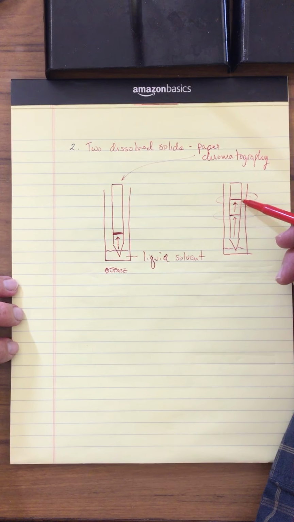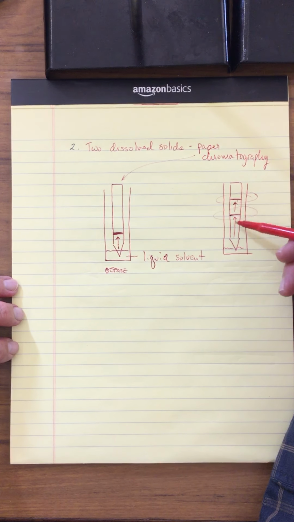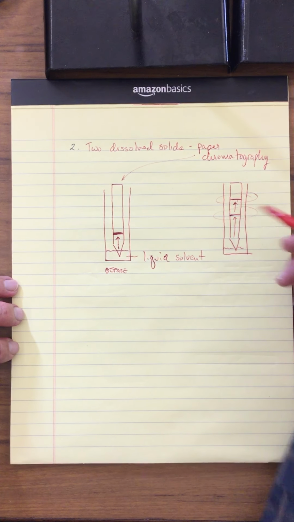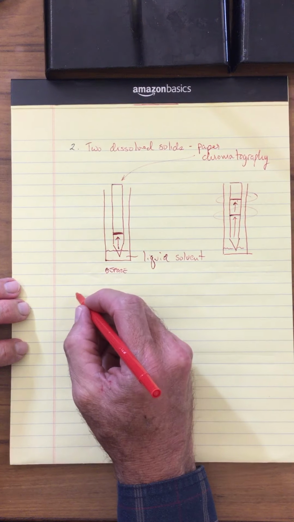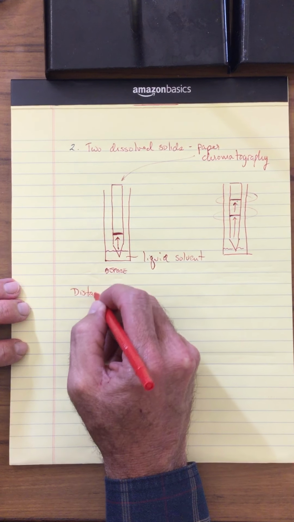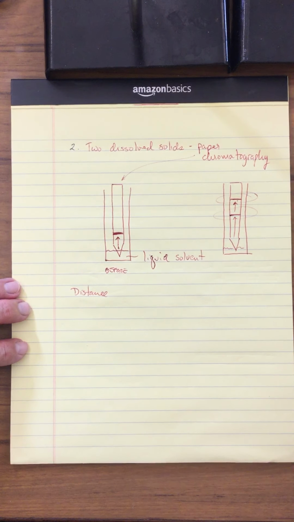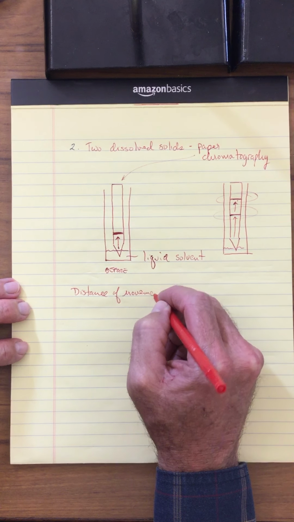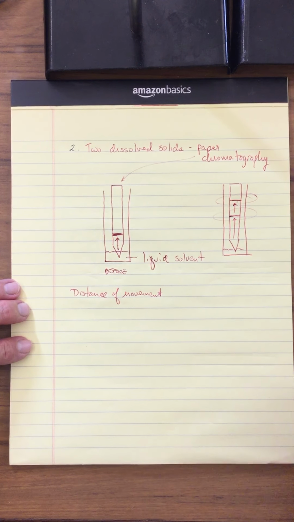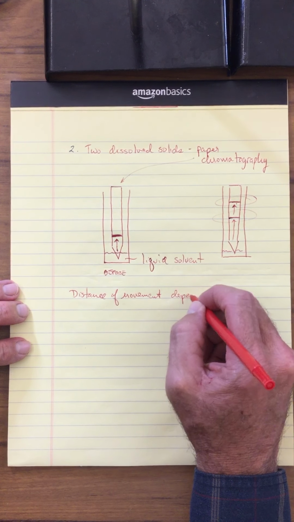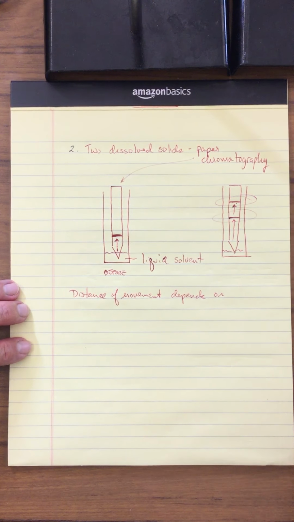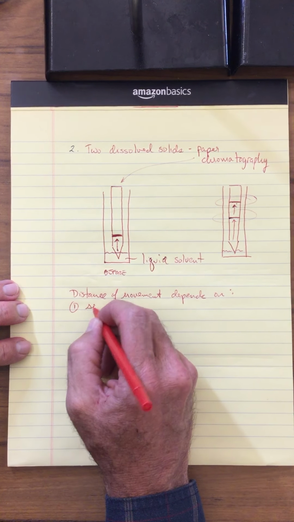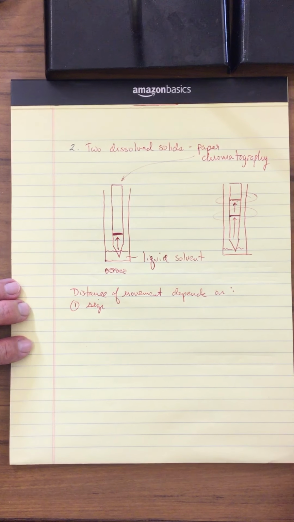So the question is, why did they separate at two different distances? What is or are the factors that cause this to separate differently? So the distance that this dissolved solid moves, the distance of movement, depends on three factors. The first factor is the size of the dissolved solid.